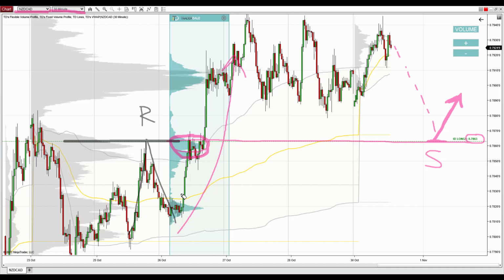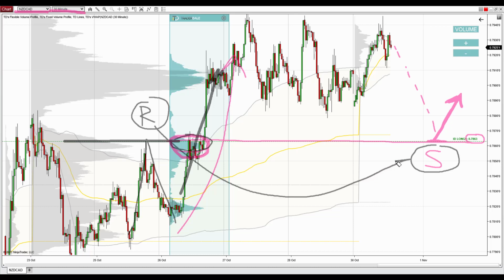What happened next was the price went past that resistance with those huge volumes, and that resistance turned into a support, right? That's what happens when a strong resistance gets breached and the price starts to move above it. The resistance becomes a support, right? The same level. So this former resistance became a new support when the price blew past that resistance.